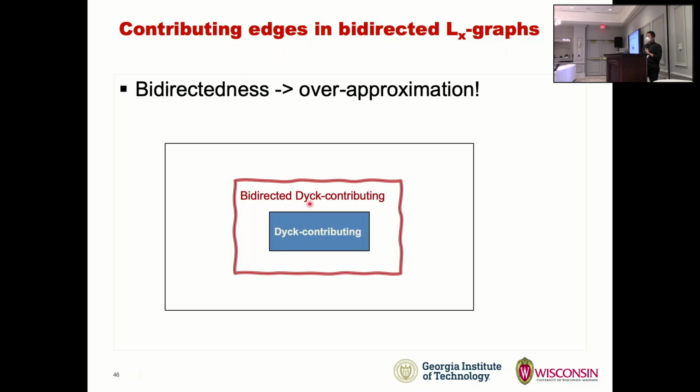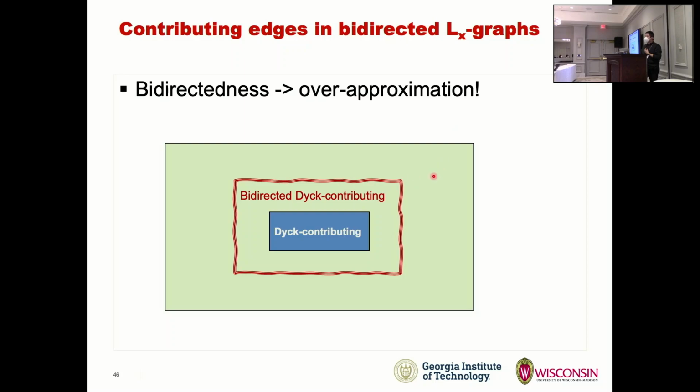But the result itself is not interesting, because what it tells us is that if the bidirected Dyck-reachability algorithm concludes that an edge is contributing, it may or may not be Dyck contributing in the original graph. That's the beauty of static analysis: it can only give a one-sided answer. The interesting aspect is the flip side of your answer. If an edge is non-Dyck contributing, it is represented by the elements in the green area.